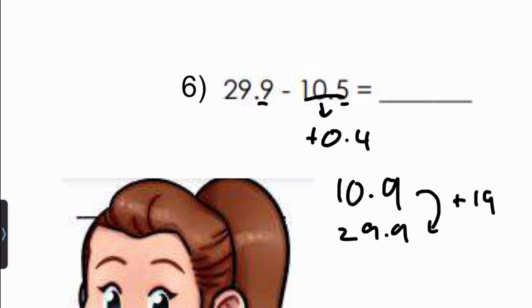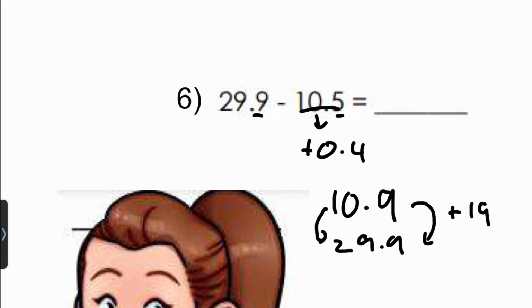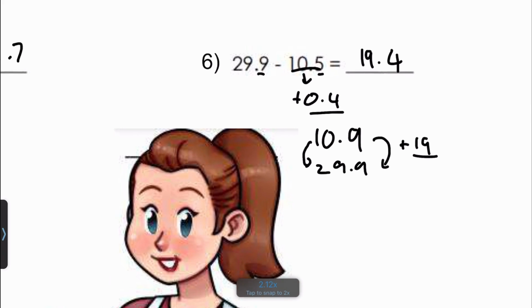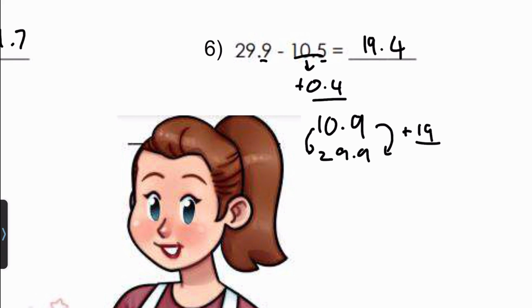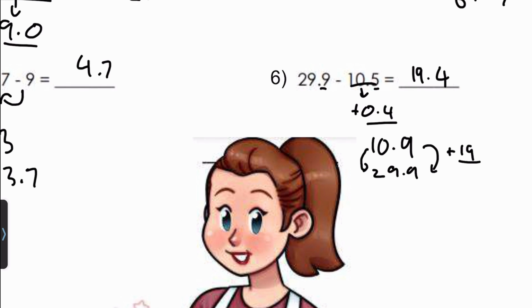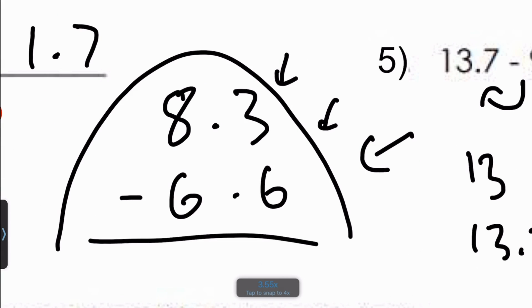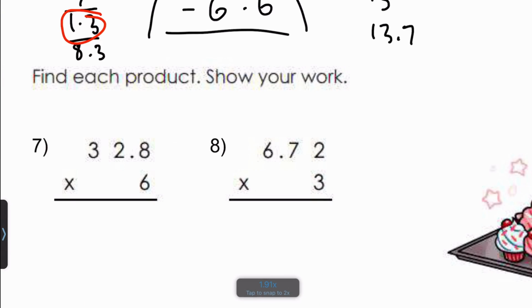You add 19, if you can see the difference, right? And then the two numbers that you've added are 19 and 0.4, so that's going to be the answer, 19.4. I'm hoping this is not too complicated. I know I'm showing a different method, but always go back and use this when you're struggling.